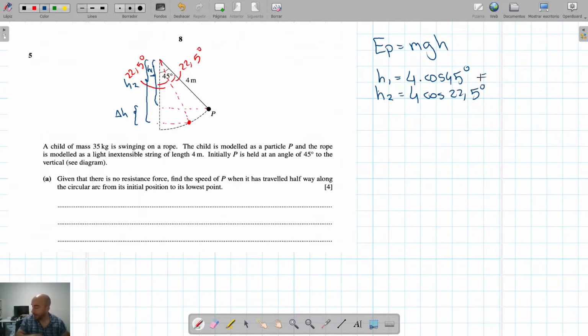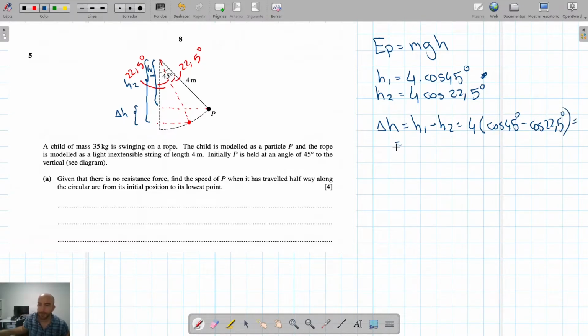Okay, so that difference in height is H1 minus H2 or H2 minus H1, doesn't matter. So we find that the difference is 4 times cosine of 45 minus cosine of 22.5.